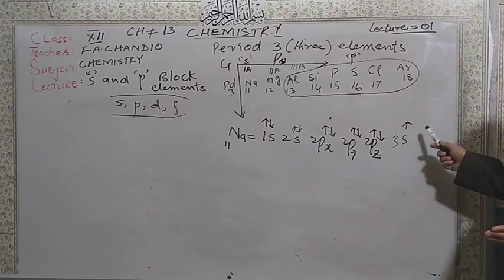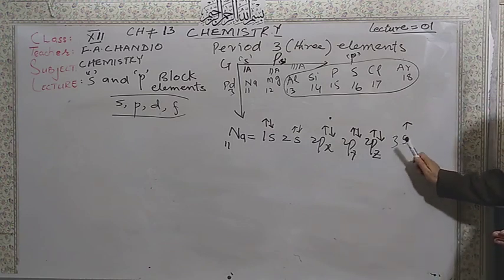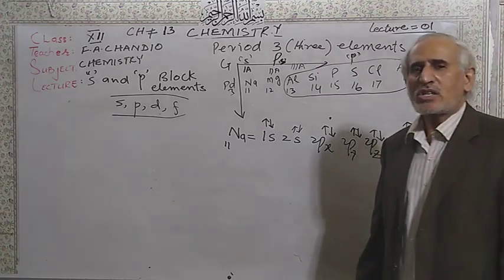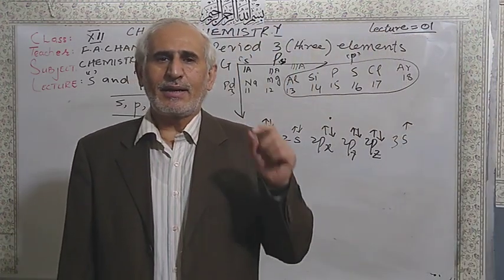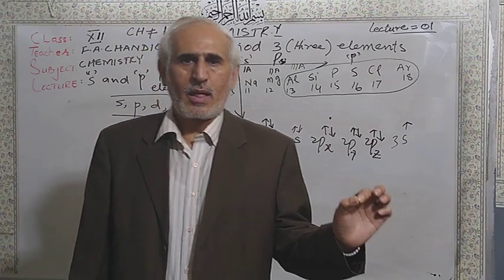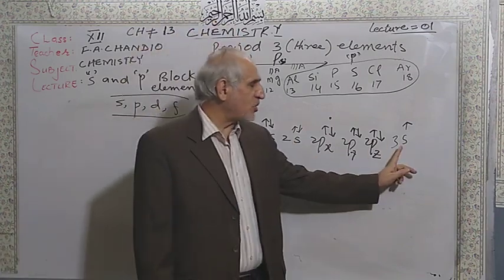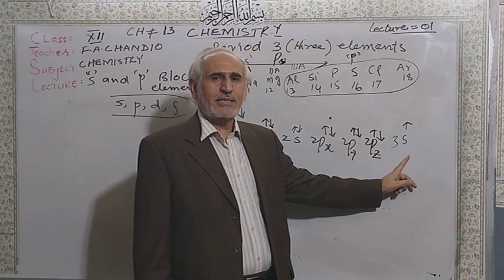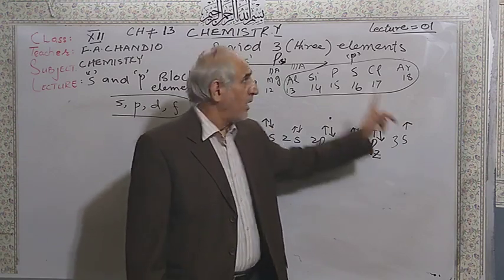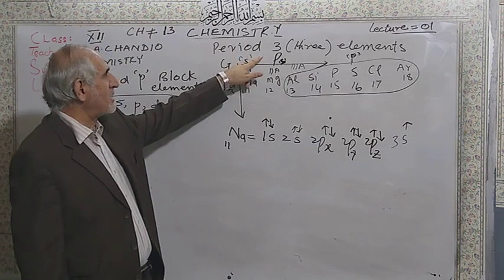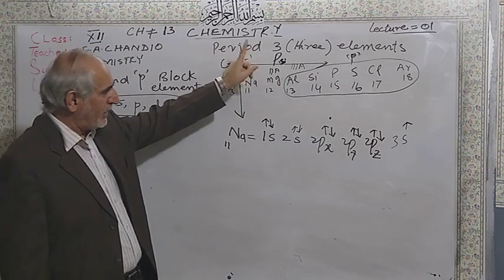Now, why do we call it s block? Because the last electron is present in the s sub-energy level. Why do we call this a third period element?